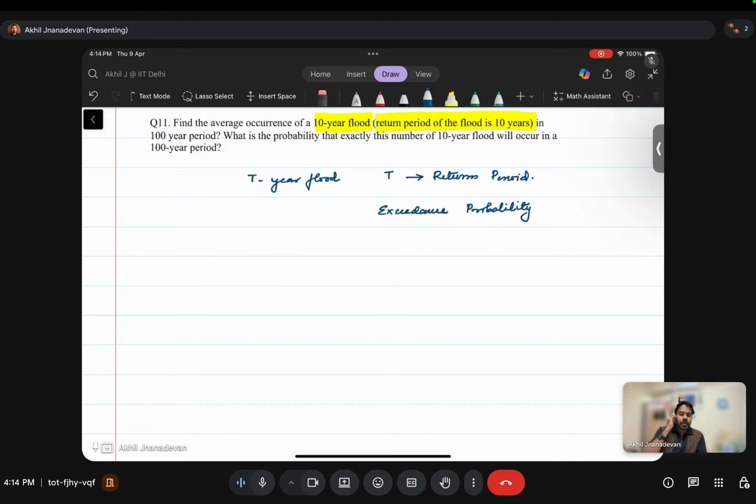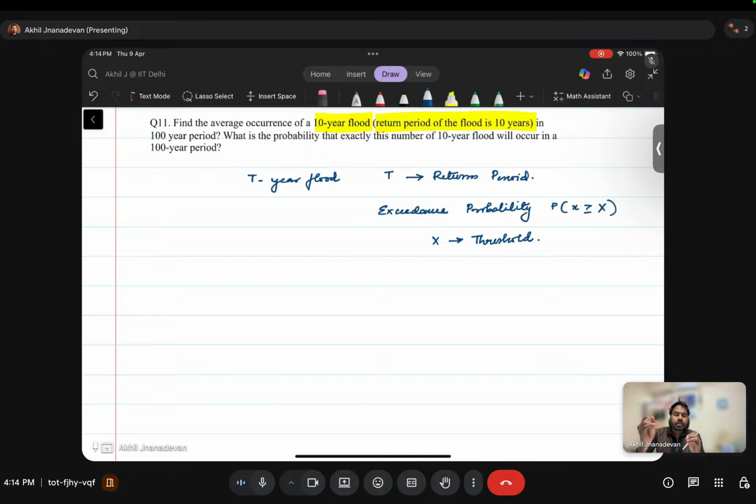The exceedance probability is the probability that a defined threshold is exceeded. That is, P of X greater than or equal to some threshold, capital X. This capital X is a threshold that we define.